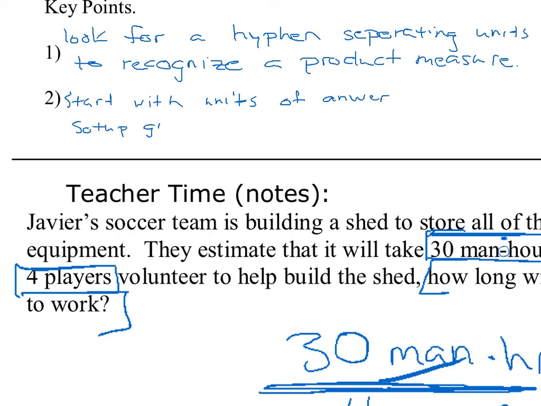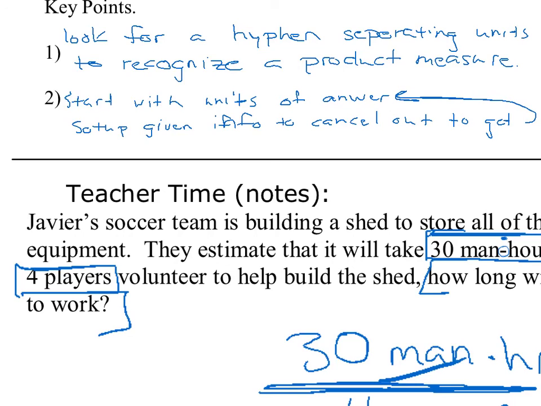Set up given info to cancel out to get. Then instead of writing the units of your answer, we'll just draw an arrow to that.